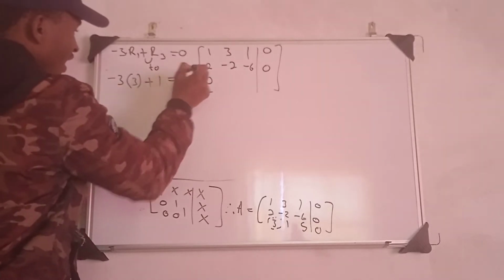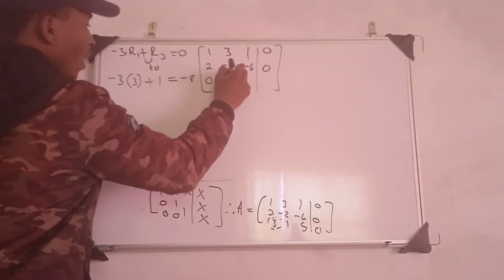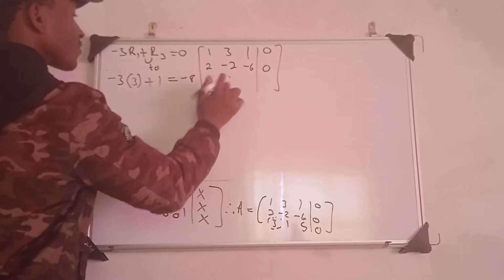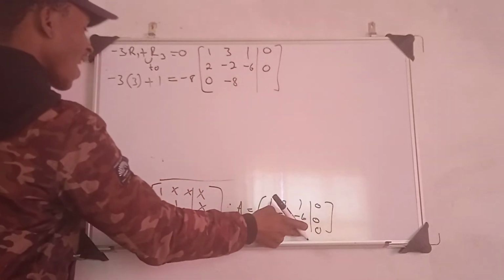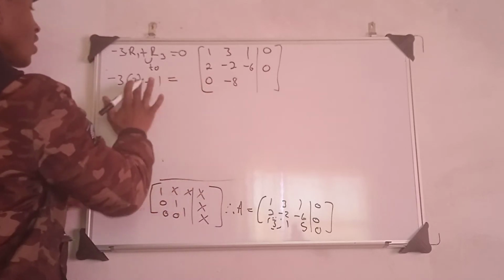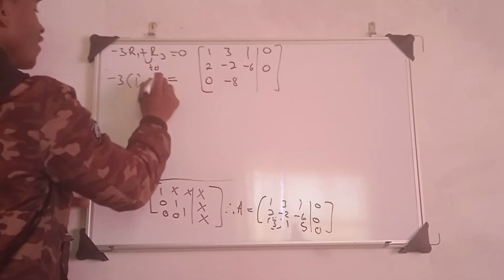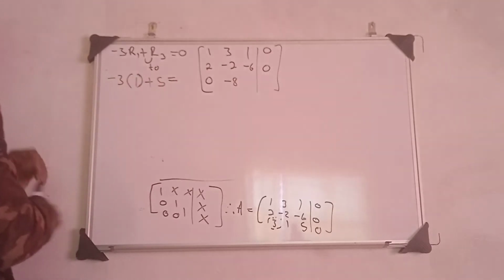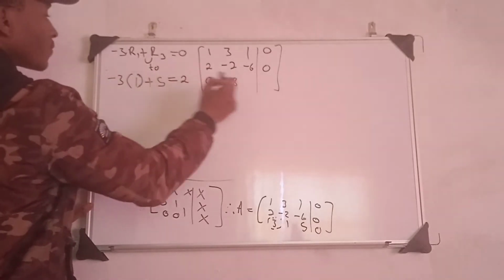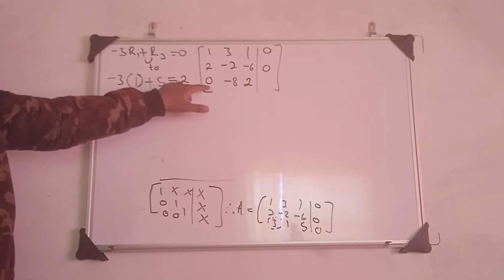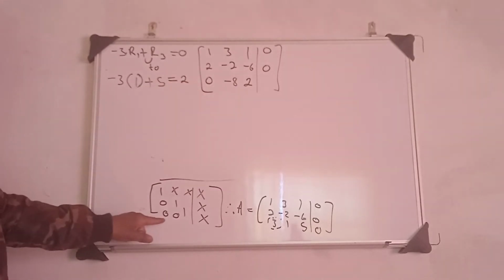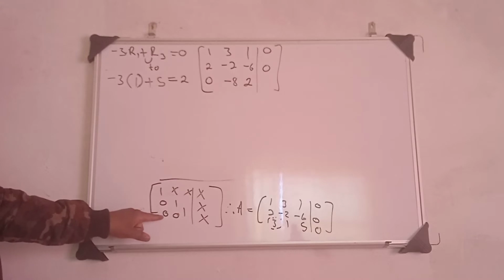I get minus 8. So that's where I'm going to have minus 8. If I substitute this 1 and 5 here, what do I get? I will get 2. That's why here I'm getting 2. So here, actually, I have achieved this 0. Right now, I have this 0.